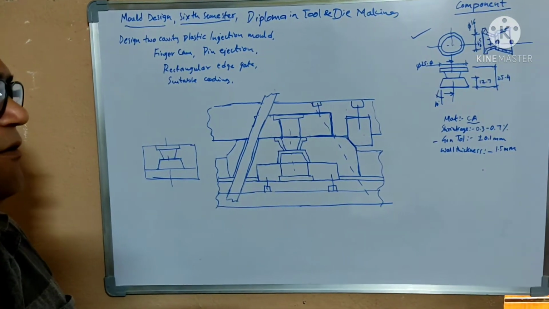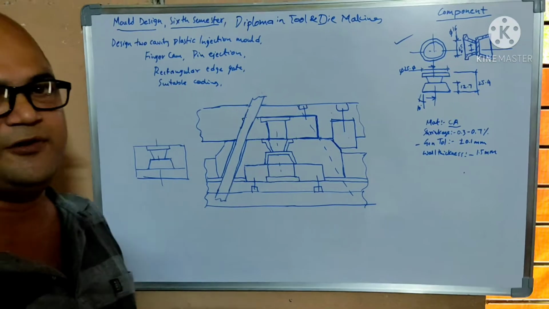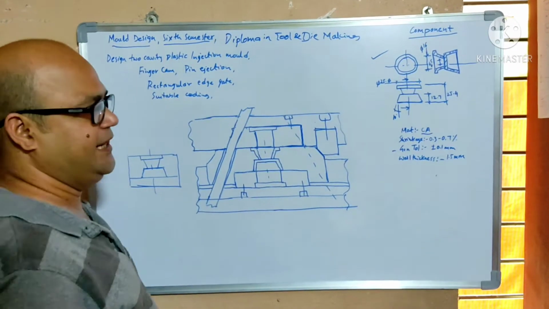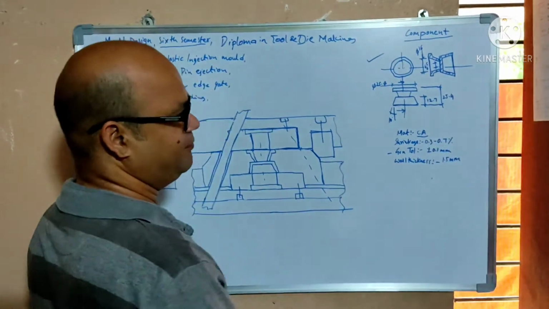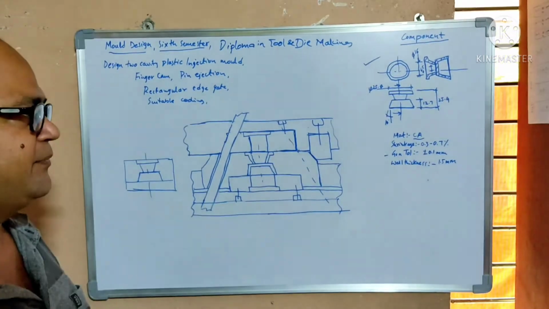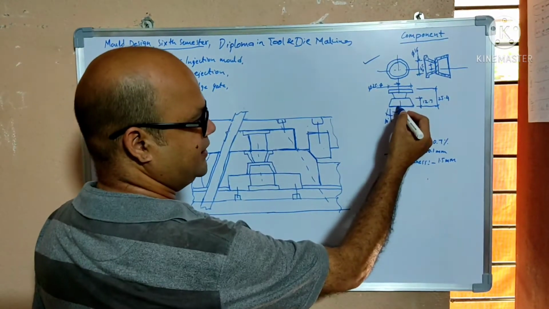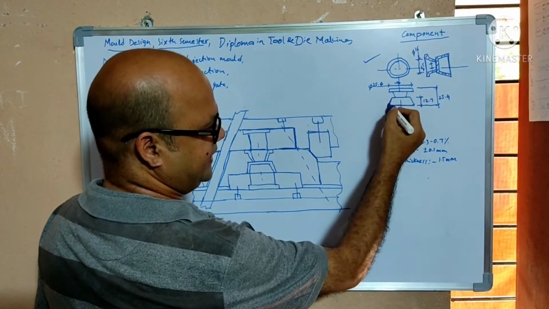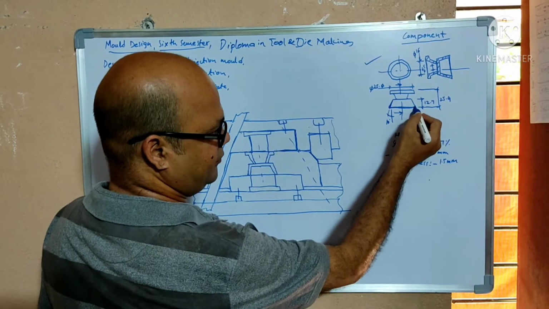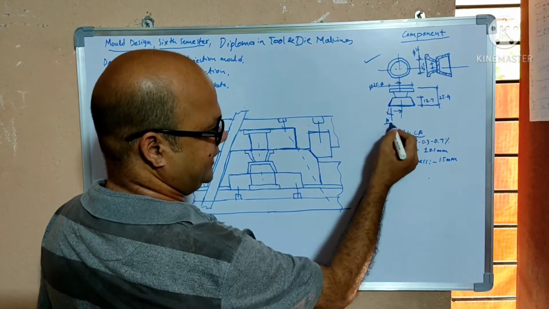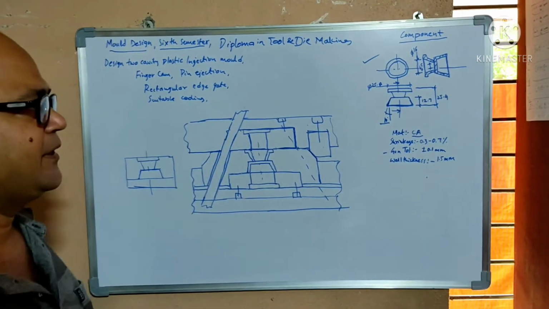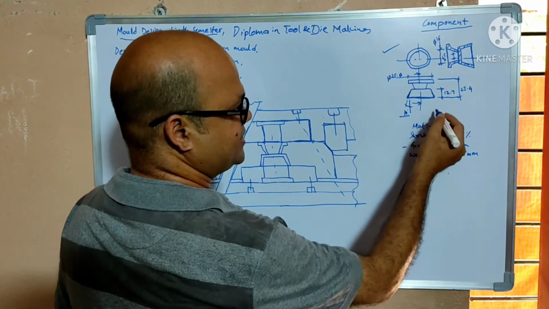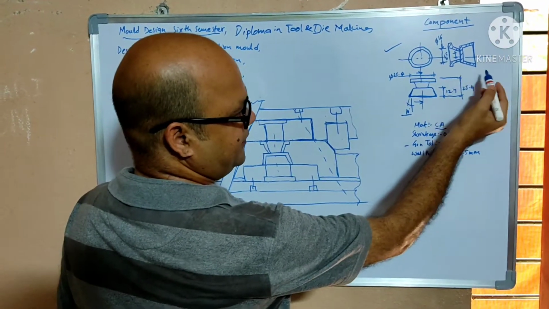The diameter of the component is 25.4, that is 1 inch, and the length of the component is 25.4 mm, and the bottom length of the component is 12 mm, and this taper angle of the component is 10 degrees, and its section view is shown here.